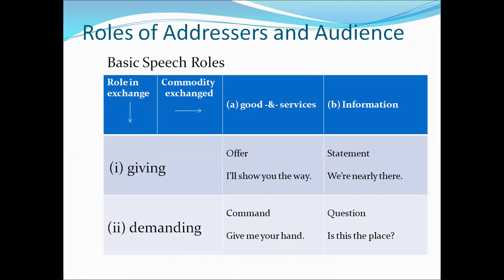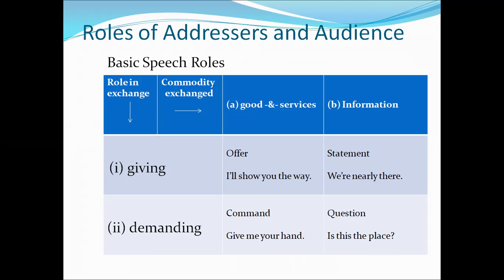Again, let's see the same thing in different ways. So role in exchange means giving, maybe commodity exchange, for example, goods and services we can offer. That is an offer. And statement: when we provide information, you can use a statement.